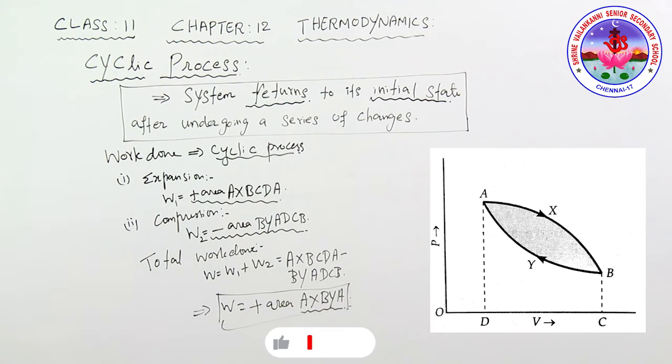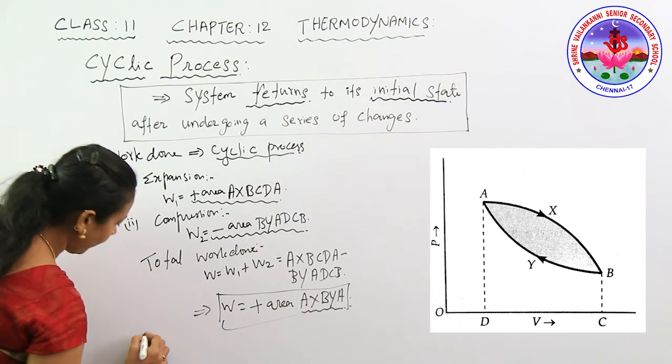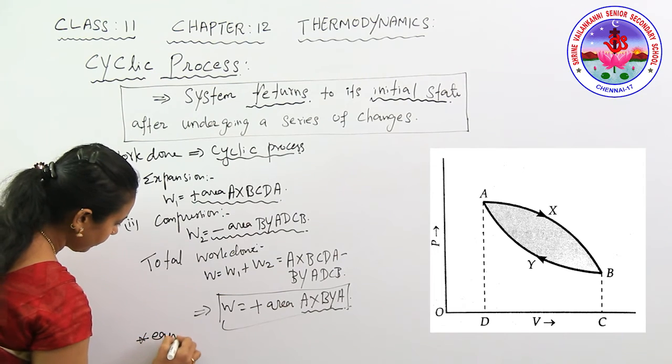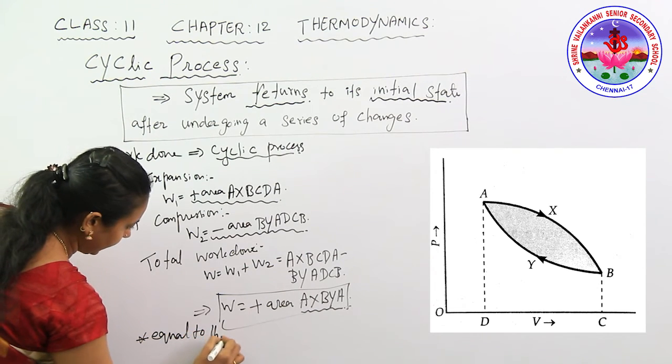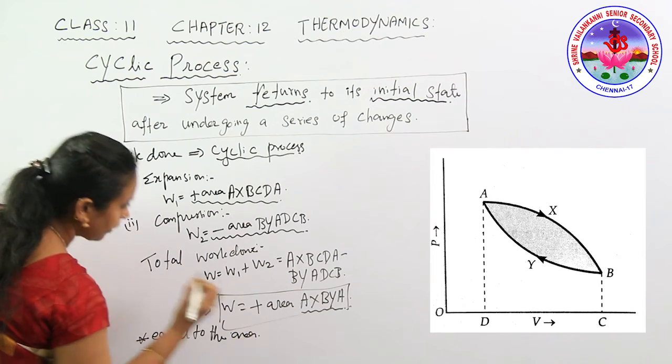Now we can conclude for the cyclic process that the work done per cycle is numerically equal to the area of the loop. Right?